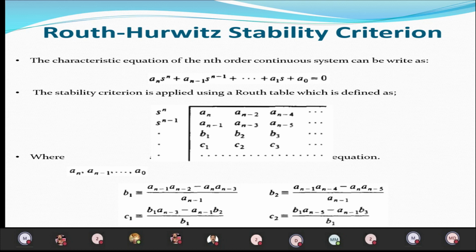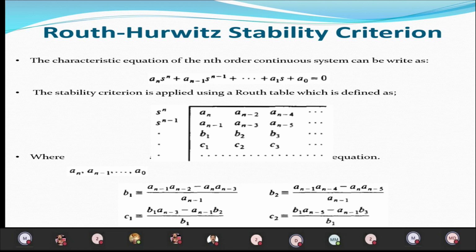That coefficient has to be written as the second column, first row element. Similarly, the next decreasing even power is s power 0, which is nothing but the constant in the equation. We take that constant value and write it as the third element of the first row. Like that we construct the first row.